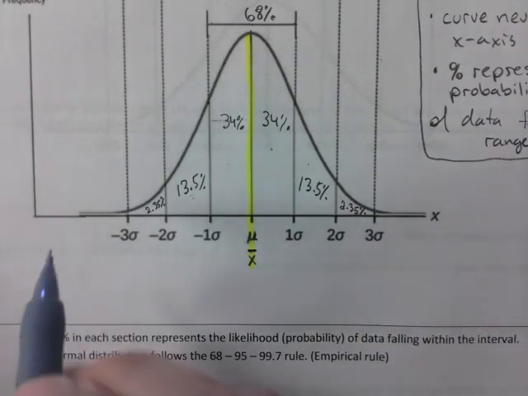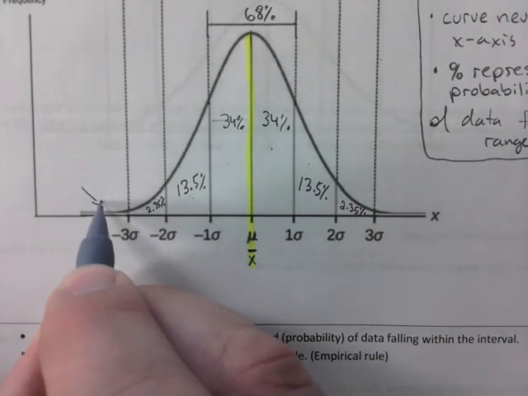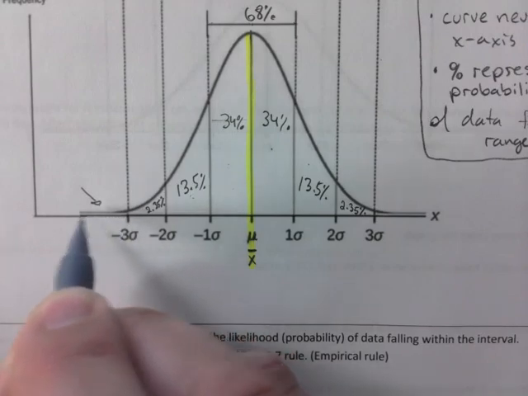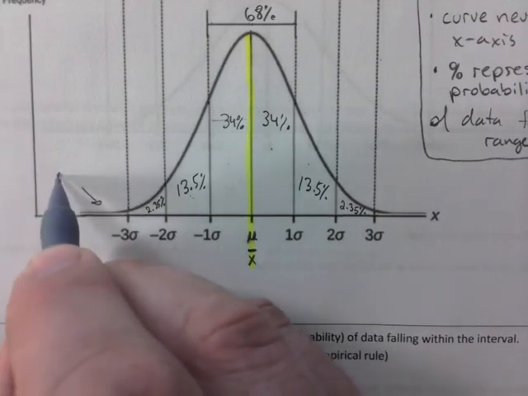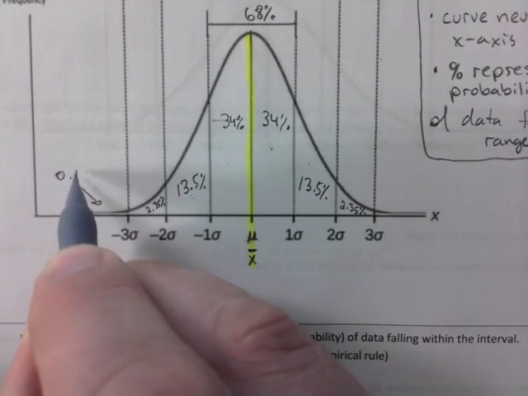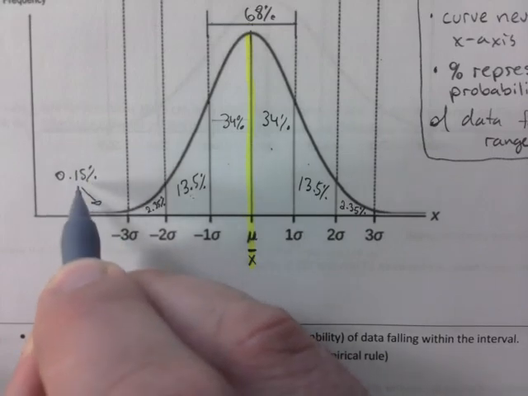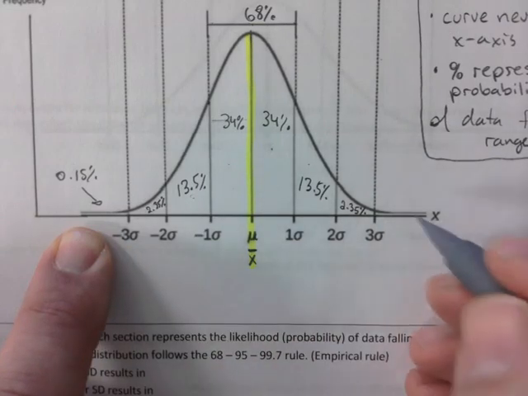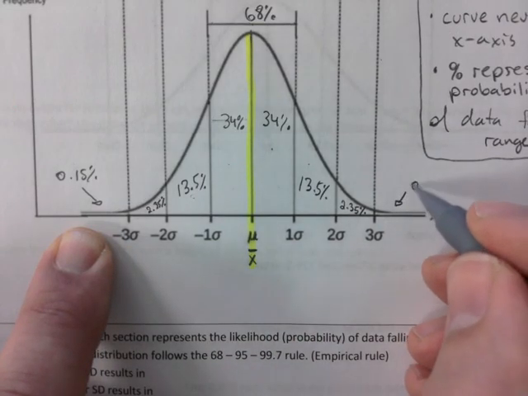Which means that this sliver here, the little sliver you see, you have to work really hard to make that sliver appear, right? It never touches. You will have 0.15% on this tail, okay, this tail, and the other tail has 0.15 as well.